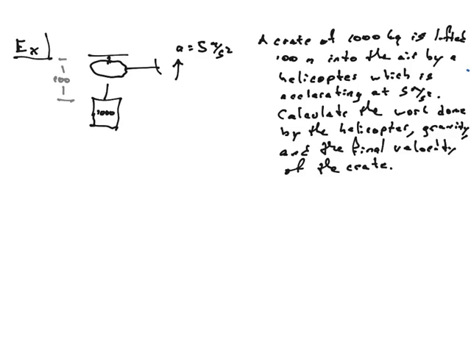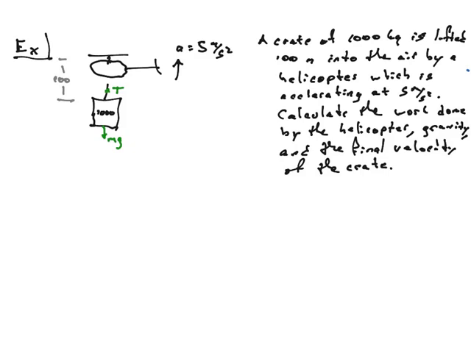What forces are on it? I've got gravity, mg, pulling it down. And I've got the tension in the rope pulling it up. Those are the only two forces acting on my crate.